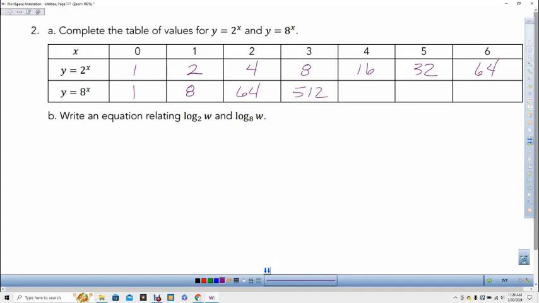All right, calculator time. $4,096. $32,768. And $262,144.